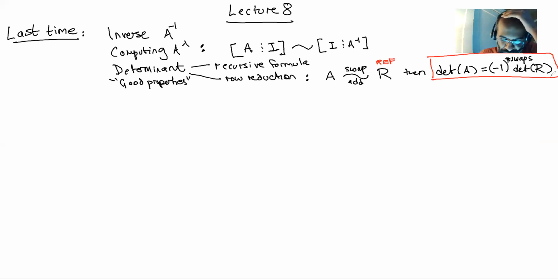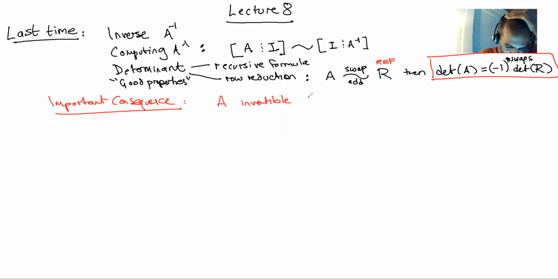And there's one important consequence of what's written in the red box that I didn't explicitly state, at least until the end of the lecture. The important consequence is that A is invertible if and only if its row echelon form is invertible.